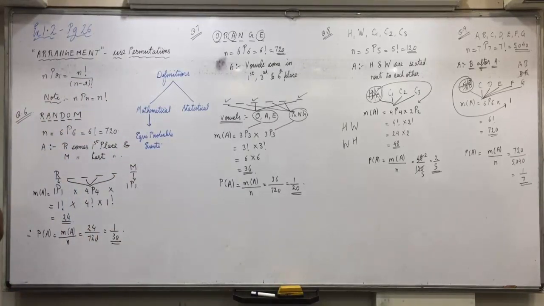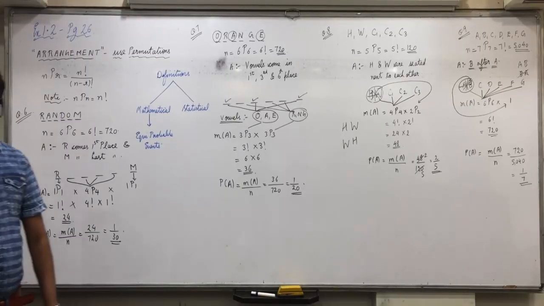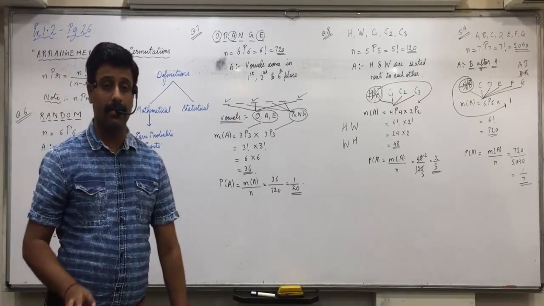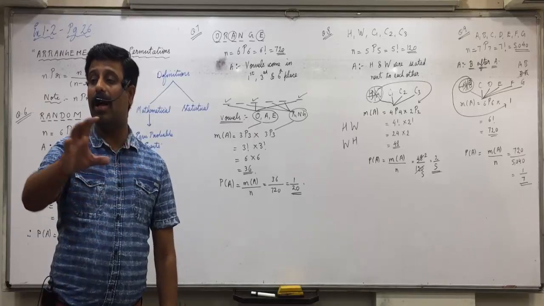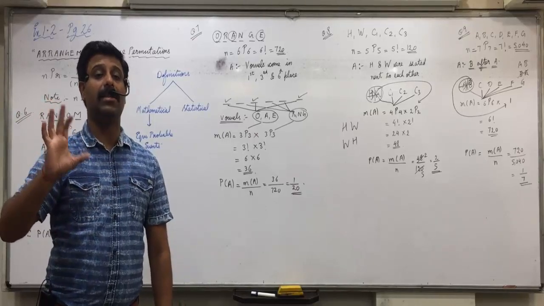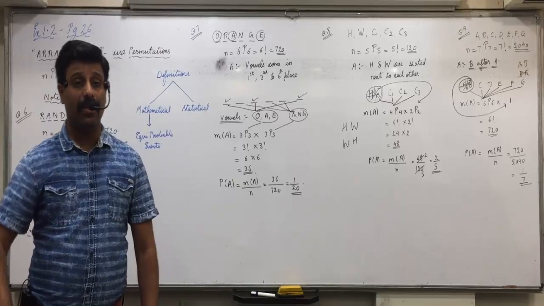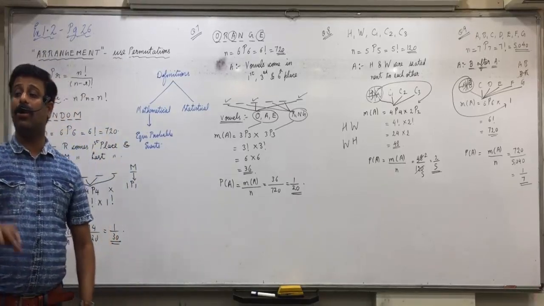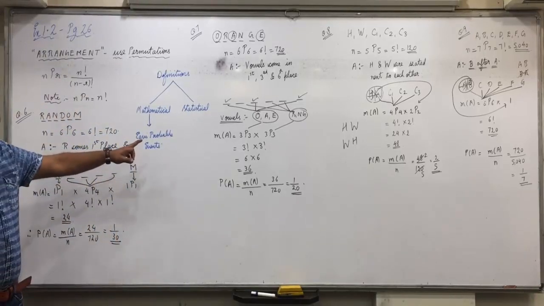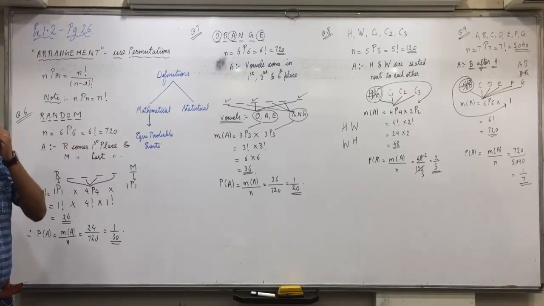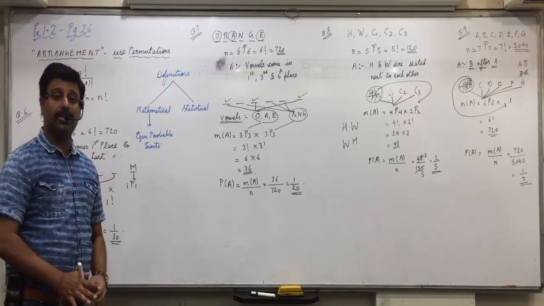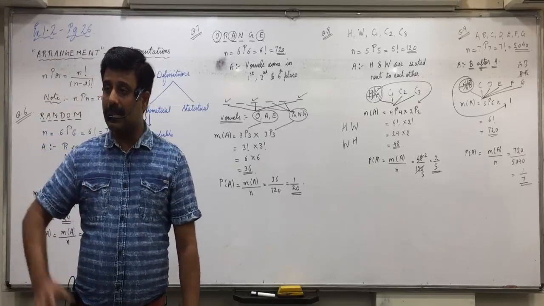If you do not have any reason to believe that one outcome is more favorable than the other, means for you all outcomes have equal chances of occurrence, equal probability of occurrence, then the outcomes are called equiprobable events. For example, you throw a dice. Which outcomes are possible? 1, 2, 3, 4, 5, 6.